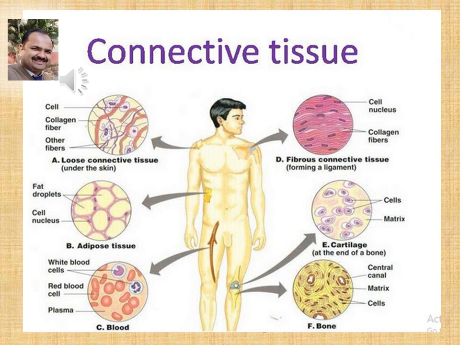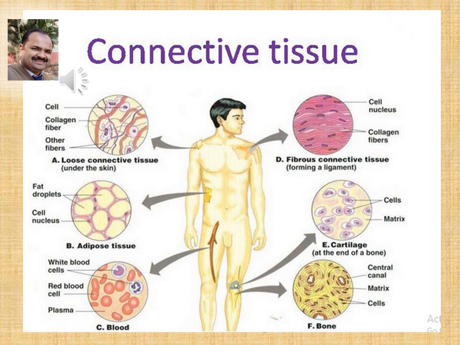White fibrous connective tissues have very little matrix containing abundant white fibers forming layers. Bundles of these tissues are called tendons. So tendons and ligaments are also types of connective tissue.